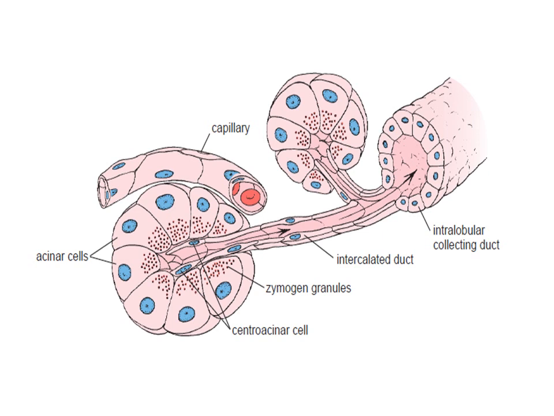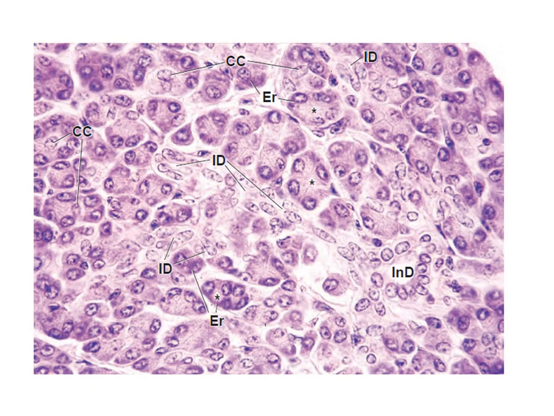Acinar cells, zymogen granules, intralobular duct and interlobular duct, the collecting duct. Here is the histological section, also showing the intralobular duct, centroacinar cells, and interlobular duct. This is the histological stain.